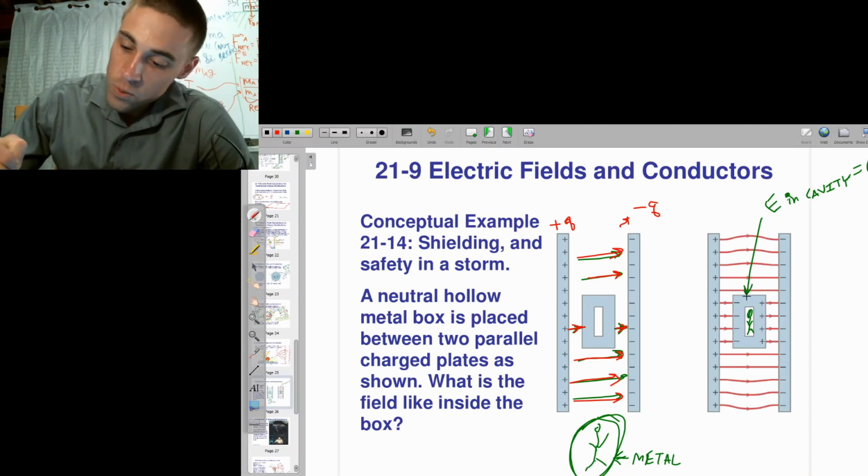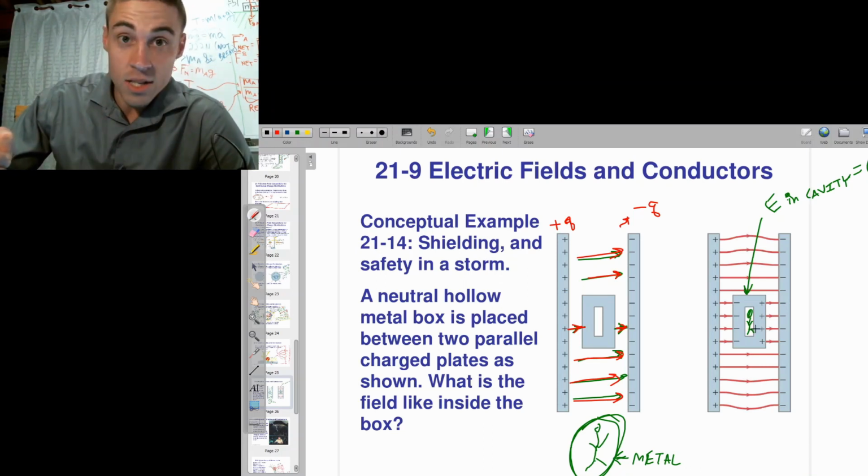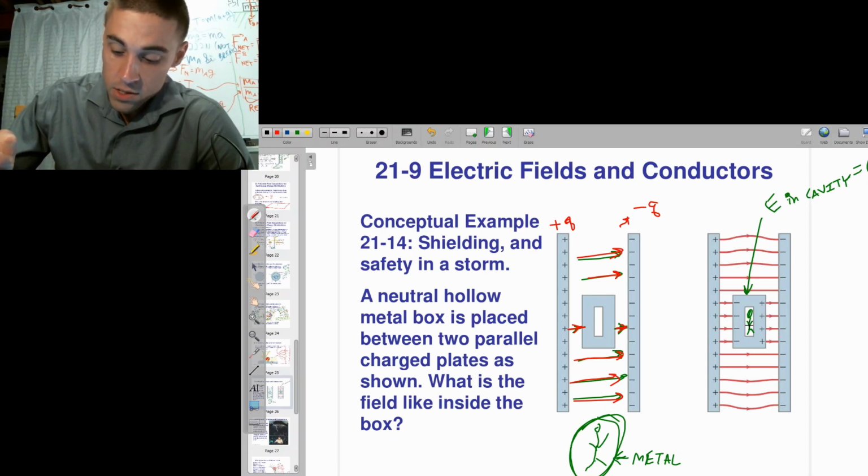The charge will redistribute itself on the surface of the conductor such that it will totally block out the electric field not only within the metal, but also on the interior there. So as long as there's no charge inside of the cavity in the conductor, there will be no electric field inside of the conductor.